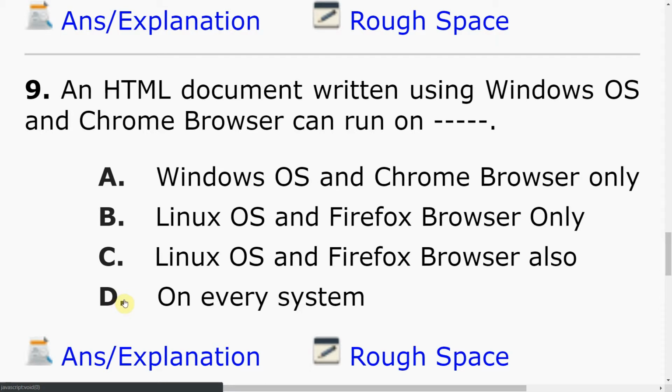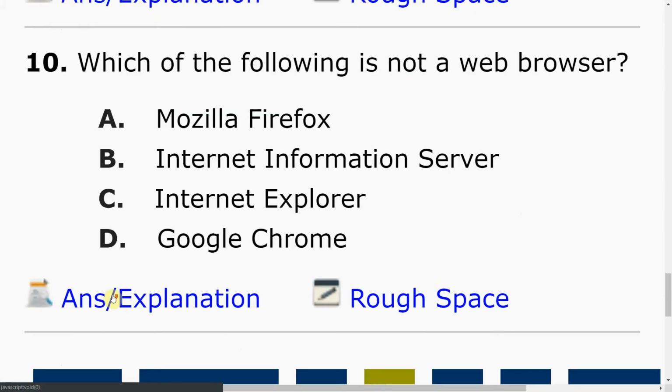And the correct answer is D on every system. Question number 10. Which of the following is not a web browser? A Mozilla Firefox, B Internet Information Server, C Internet Explorer, D Google Chrome. And the correct answer is B.